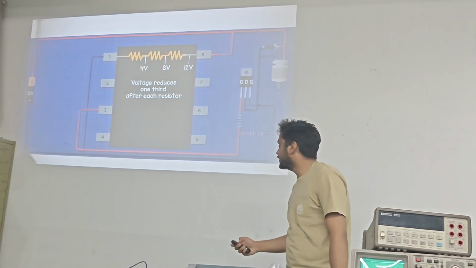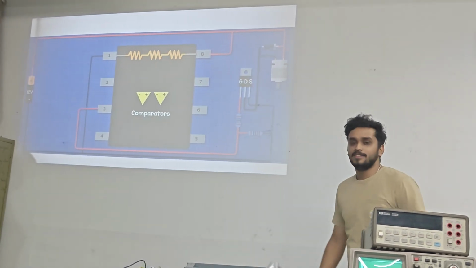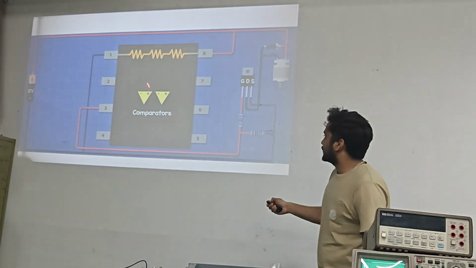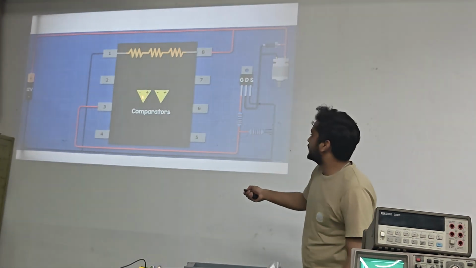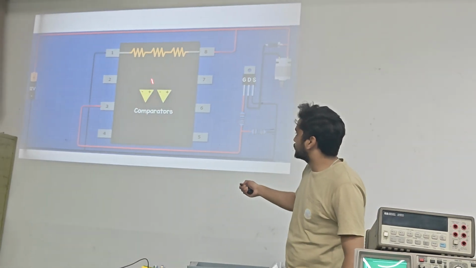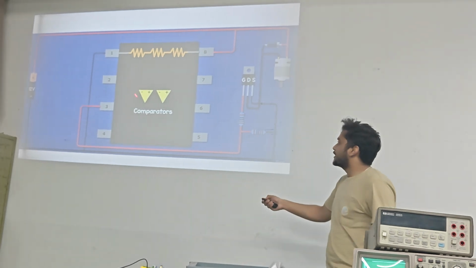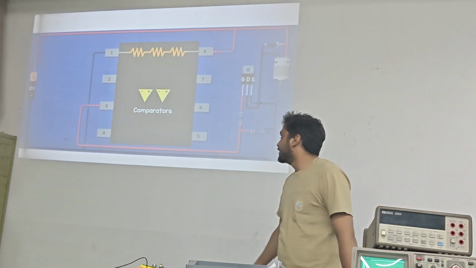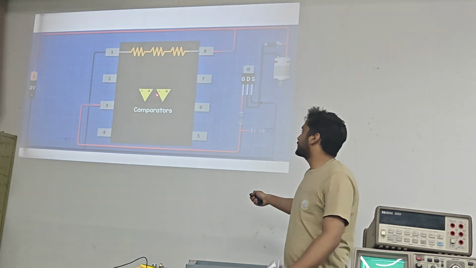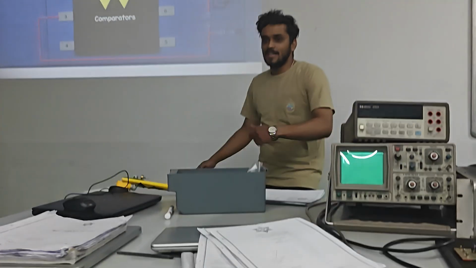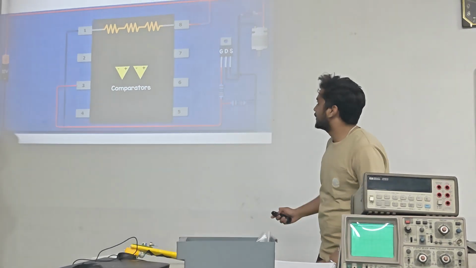And then we have two comparators. The output of the comparator will depend upon the two inputs. If the input in the minus terminal is high, then the output will be low, and if the input in the plus terminal is high, then the output will be high.